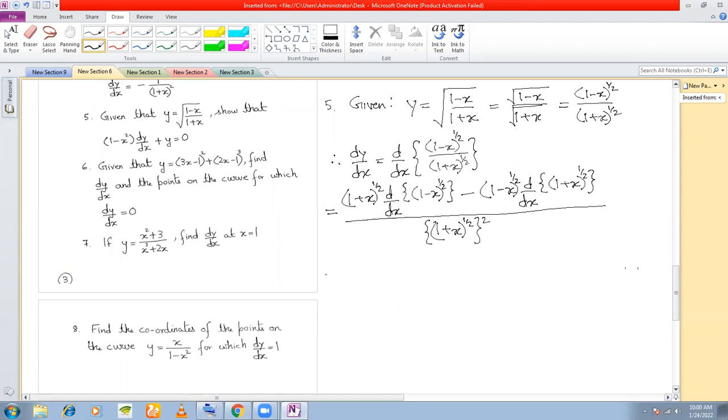Okay, so we get here (1 plus x) to the power of half.